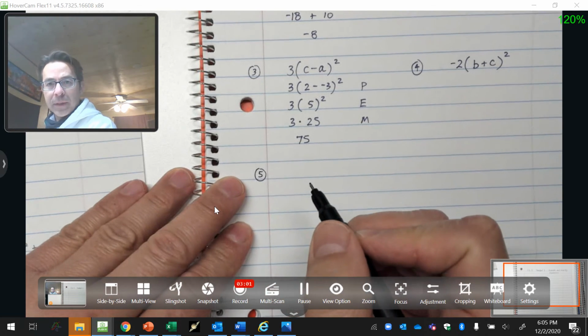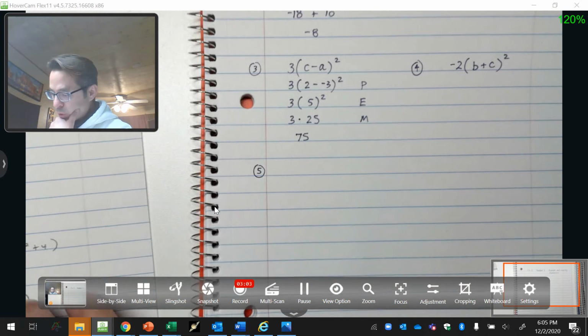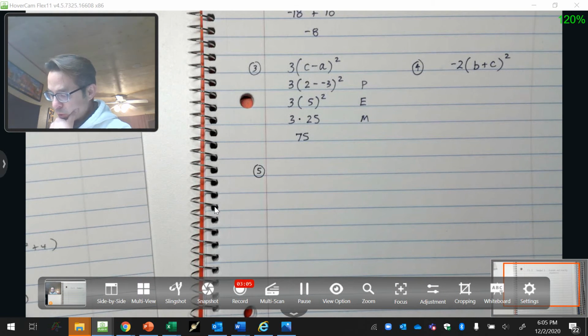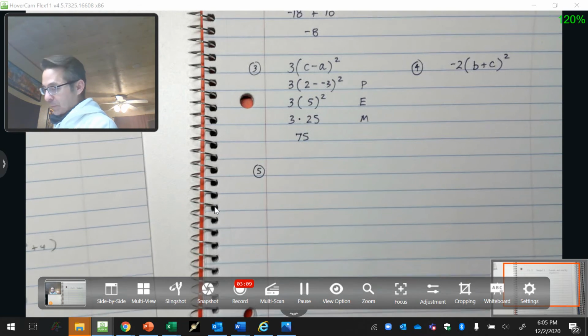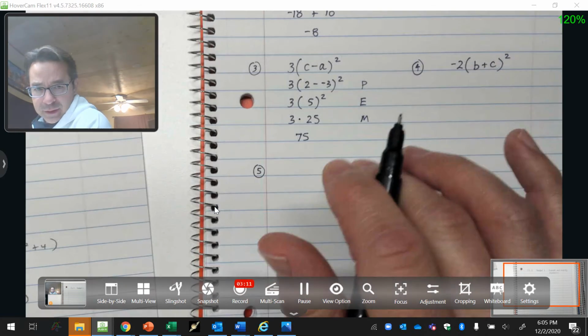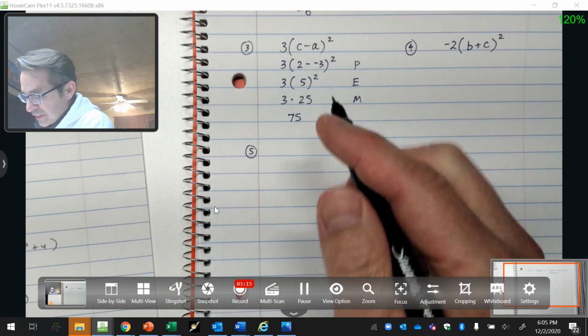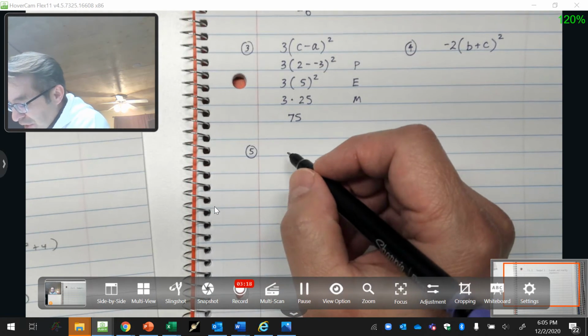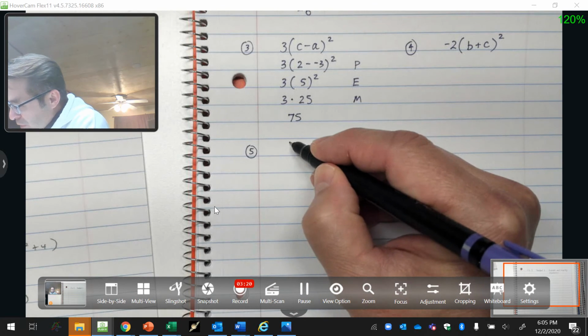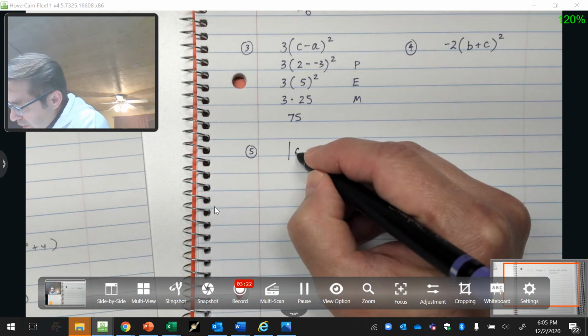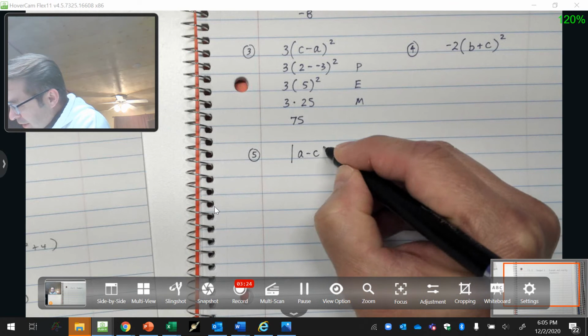In case you're wondering how many of these there are going to be: 1, 2, 3, 4, 5, 6, 7. Actually, nope, just 6. So, by the way, you do this, you get a 2. I think it's fair. Absolute value of A minus C.